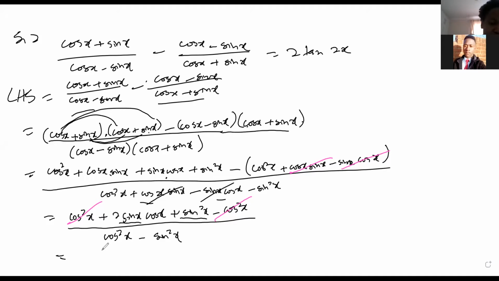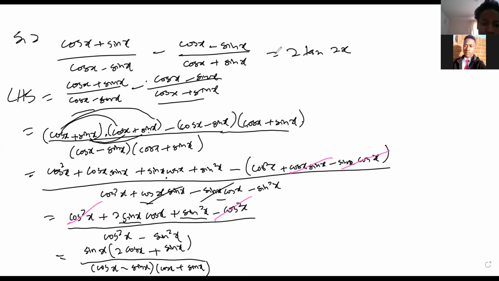So at the numerator, I have sine x into 2 cos x plus sine x. At the bottom, I can factorize that, a perfect square binomial, cos x minus sine x into cos x plus sine x.